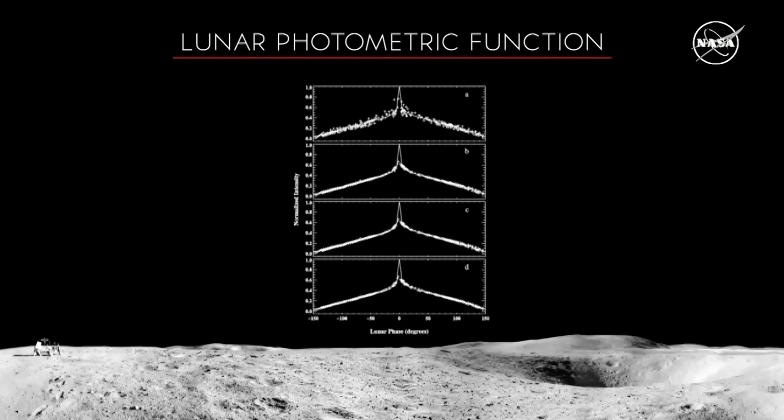And what this means is that when we see a full moon where the sun is right behind the earth and shining on the moon, all areas of the moon are at their brightest at this, what we call zero phase.